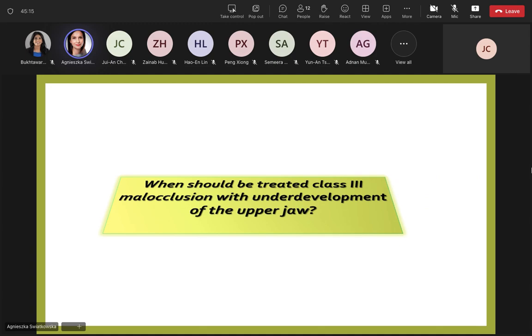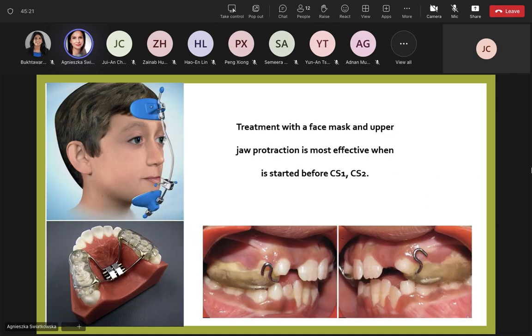Next question. When should we treat class 3 with underdevelopment of the upper jaw? The best time for this treatment is stage CS1, before CS2. Sometimes CS2 could be too late. So the best time is cervical vertebral maturation stage 1.